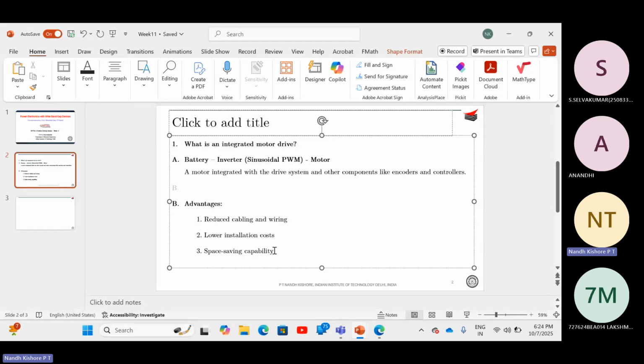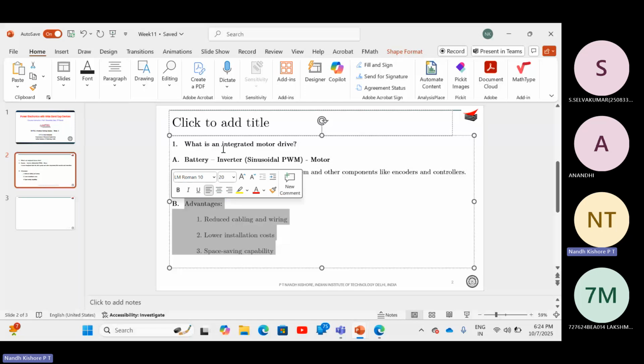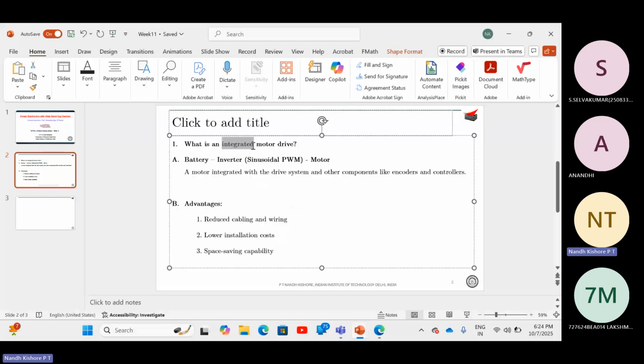All of these you can easily tell, right? If it is integrated together, you know there is going to be reduced cabling and wiring, because the entire IMD, integrated motor drive, is housed together in a single enclosure.